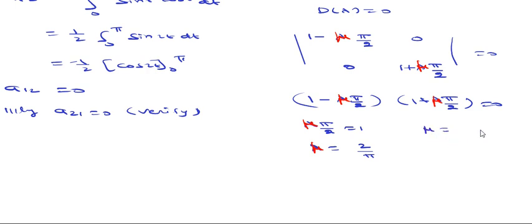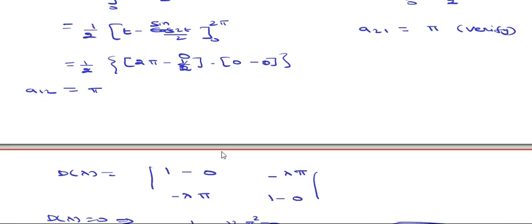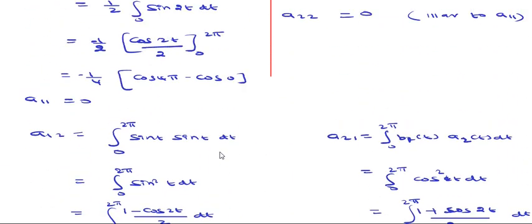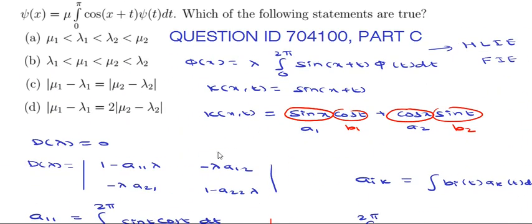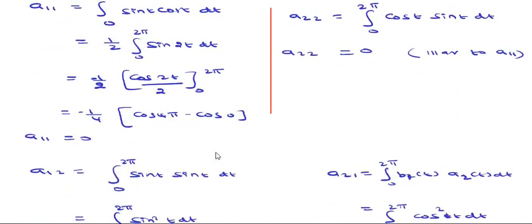And here mu is equal to minus 1, so minus 2 by pi. So the condition on mu is mu1 less than mu2.